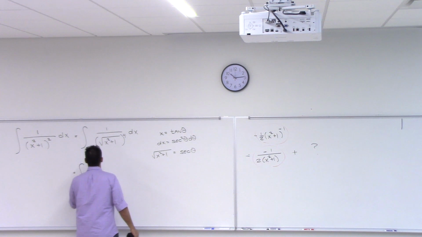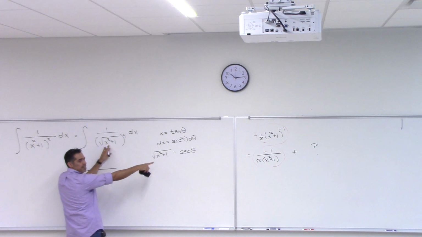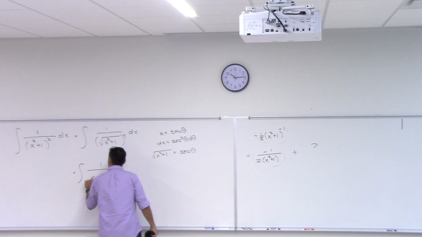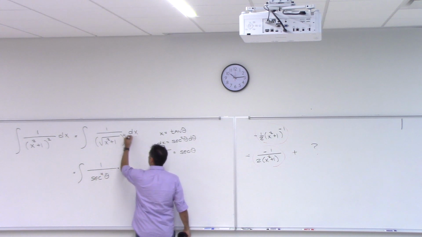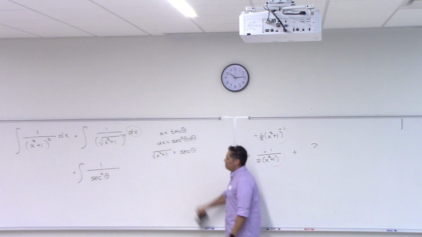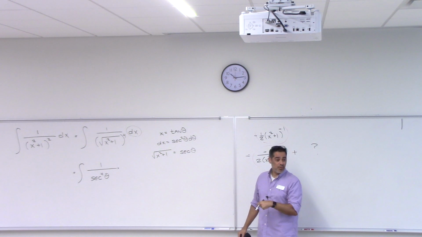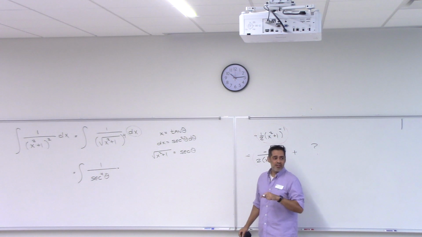Okay, integral 1 over. Okay, the square root part turns into secant, doesn't it? But it's to the 4th power. So this is secant to the 4th theta times, don't forget the dx, right? The dx is what? Secant squared. Cancel, it's going to become secant squared on the bottom. 1 over secant squared flips and becomes cosine squared. Cosine squared, power reducing formula.